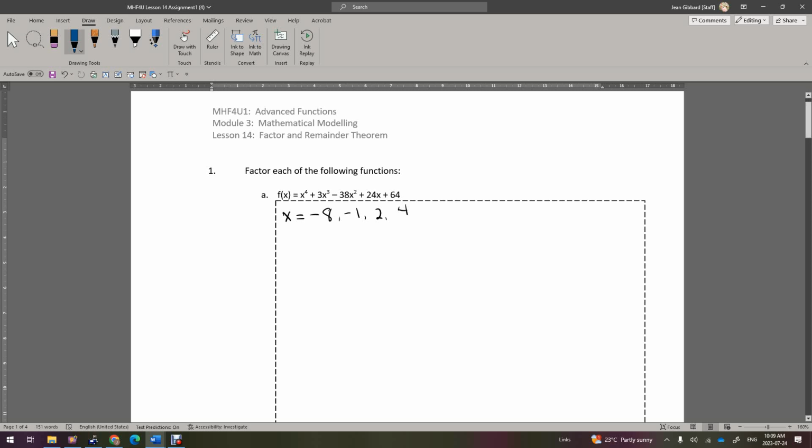Now, I want you to prove that. To prove that, we're going to use long division. Or we can substitute the number into the equation and see if we get 0.